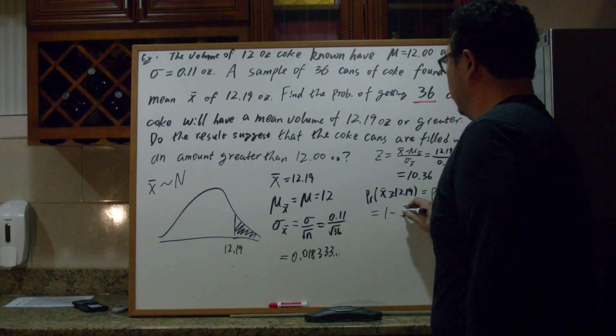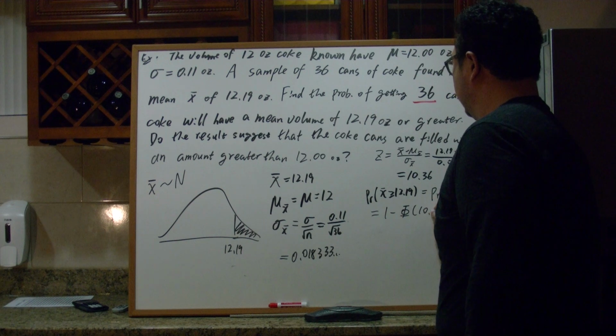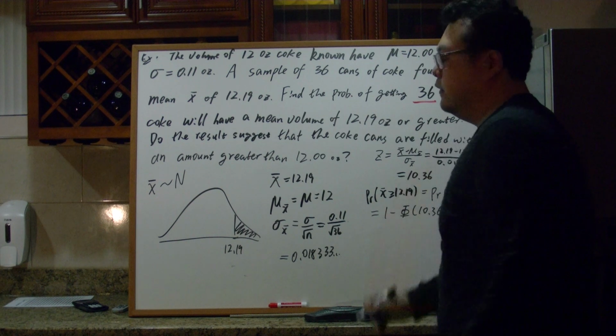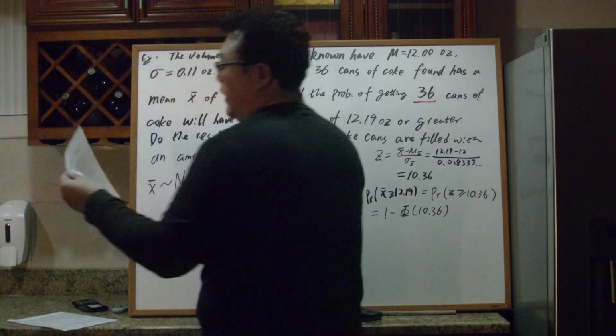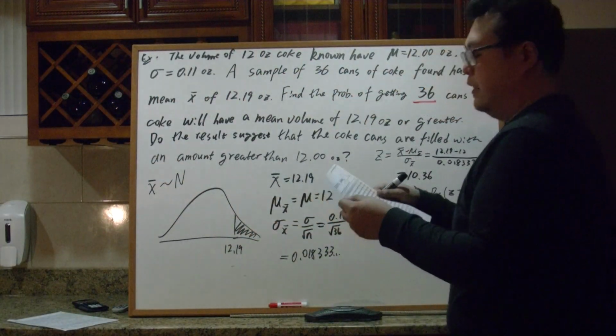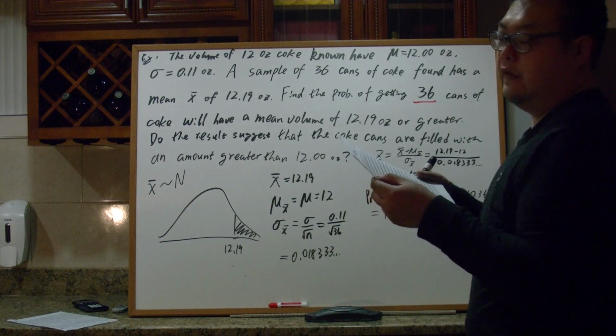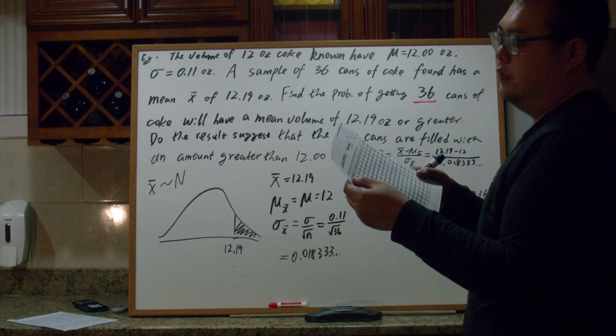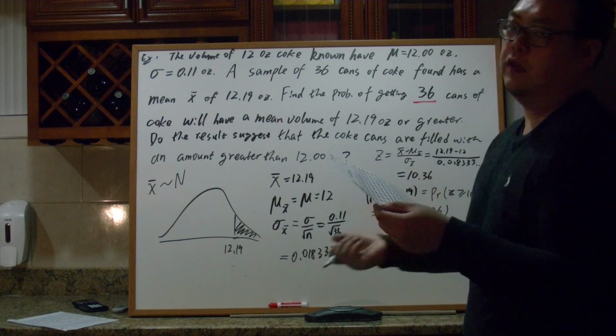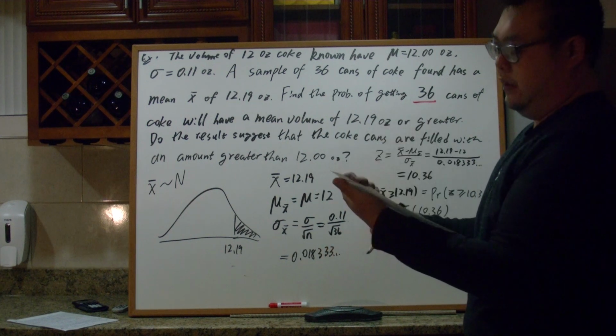One minus the table value of 10.36, and for the extreme values from the table, we can see either the negative and positive side. The negative side, say negative 3.50 and less, we use 0.0001 as the probability. Any value smaller than 3.5 is the same.